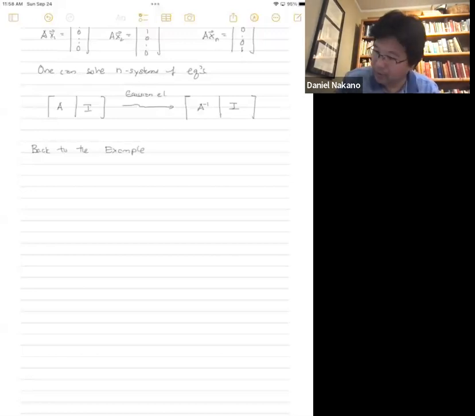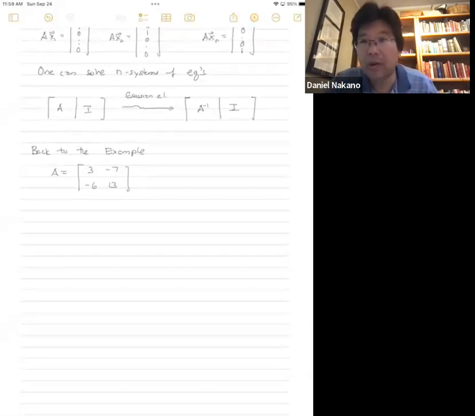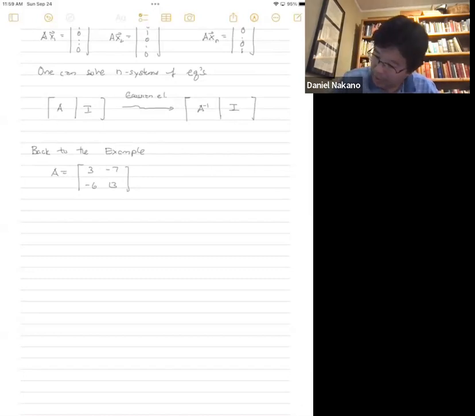Remember what A was: 3, minus 7, and minus 6, 13. We're going to start with A and the identity matrix and then do row operations. So let's put everything in: 3, minus 7, minus 6, and 13, put a line, and then the identity matrix on the right-hand side.